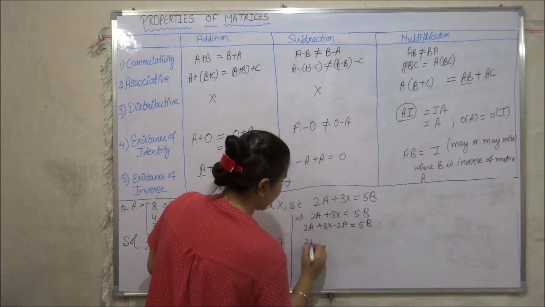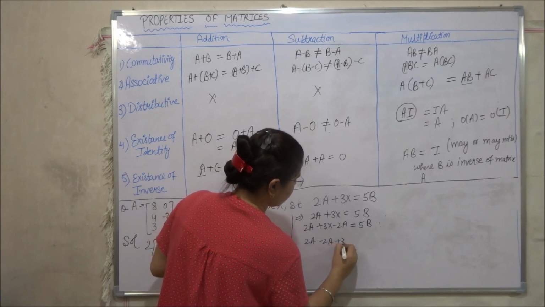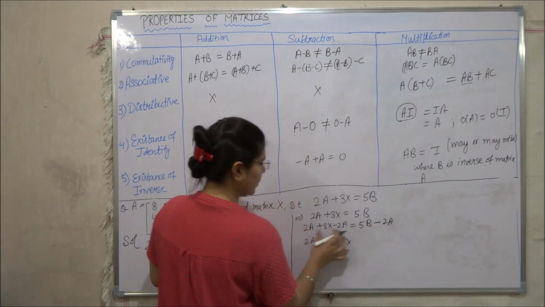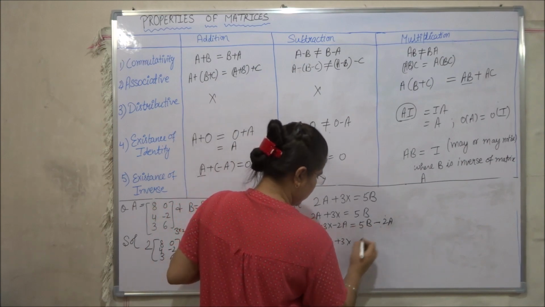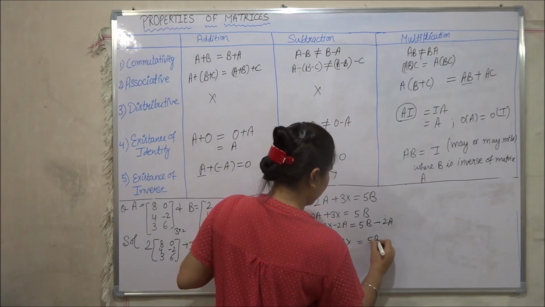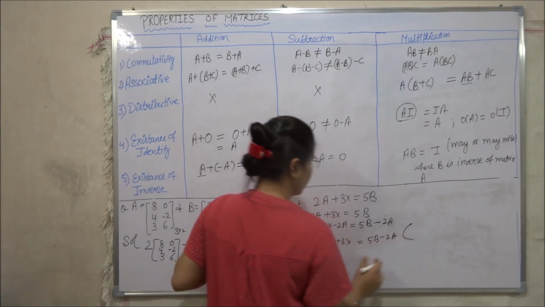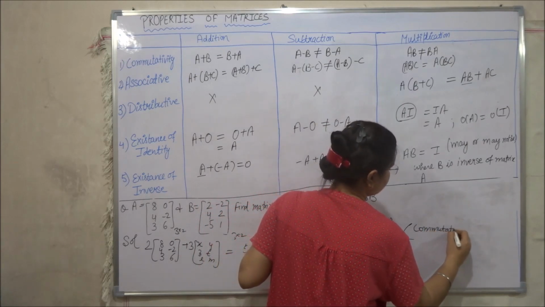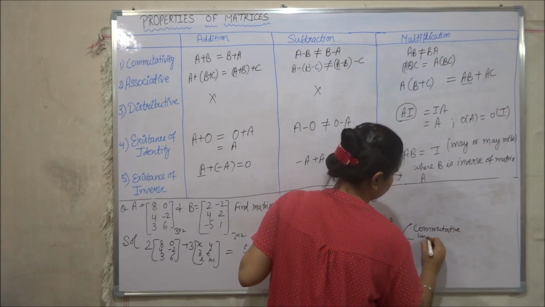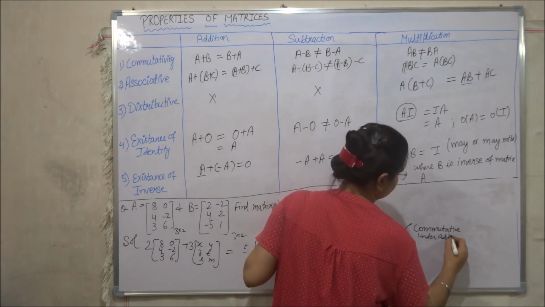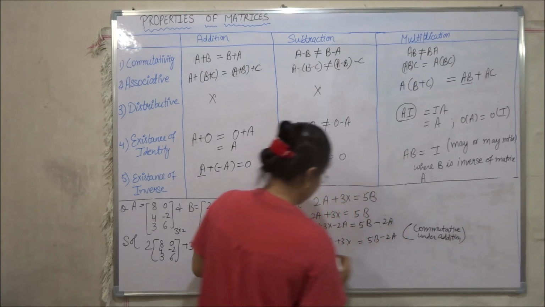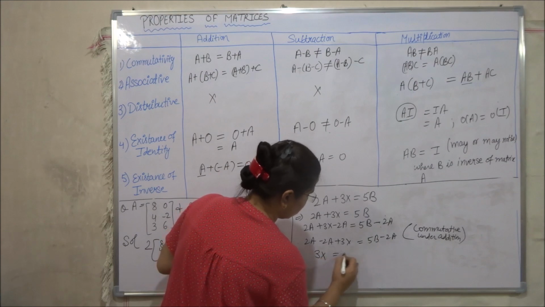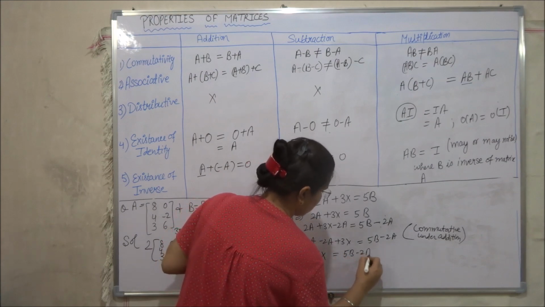We can write it as 2A minus 2A plus 3X, so 3X equals 5B minus 2A. This is under addition commutativity. Now these two will be 0, so we are left with 3X equals 5B minus 2A.